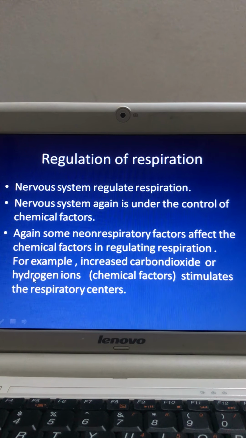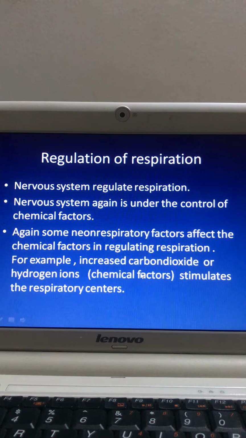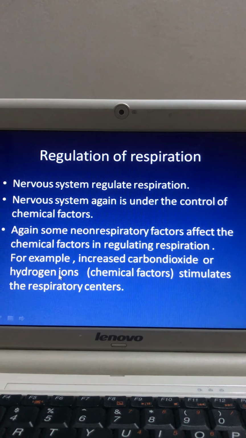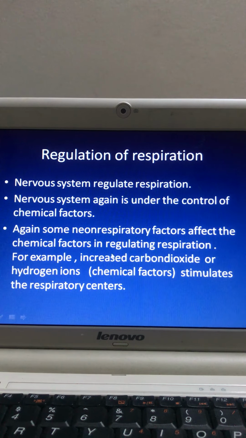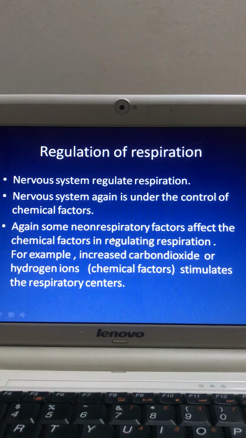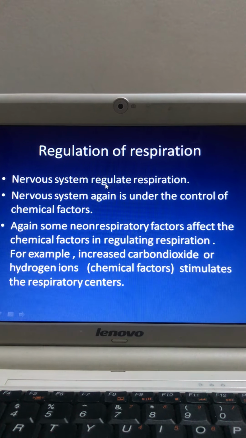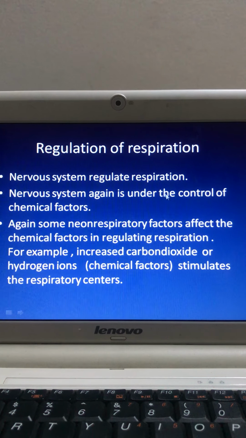For example, exercise increases the carbon dioxide in our body and decreases the oxygen in our body, and this increased carbon dioxide and decreased oxygen regulate the nervous system for regulation of respiration.